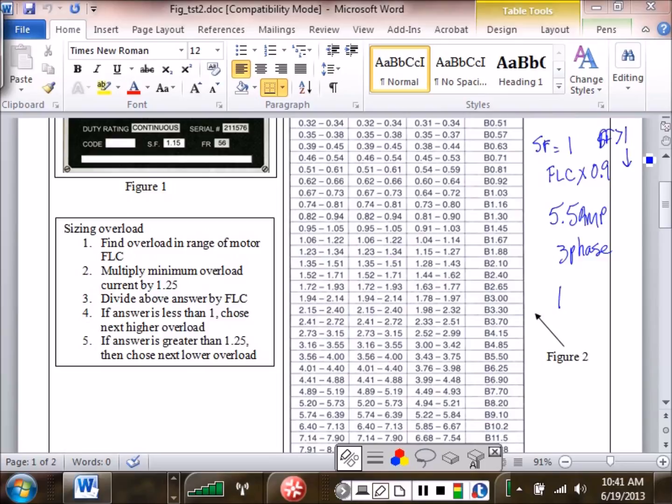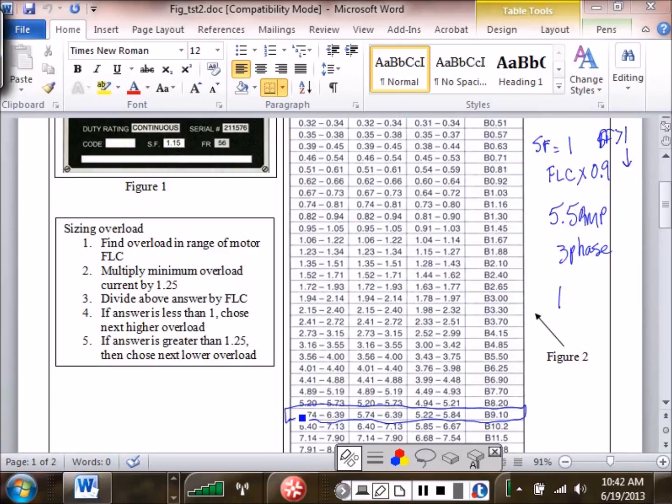So we're looking at a 5.5 amp three-phase motor with a service factor of 1.25. What's the first thing I'm going to do? I'm going to go into the 3-unit column. Then I'm going to look for 5.5. So where would I go down to? Looks like I'm going to drop down way down here right off the bat, B9.10, right? Okay.